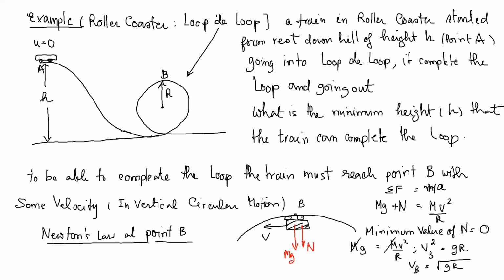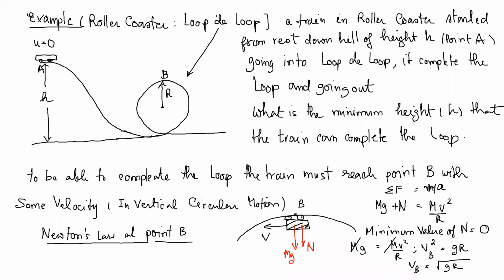Now, in order to complete the loop, the roller coaster must have some initial velocity that is enough to push it across the loop.